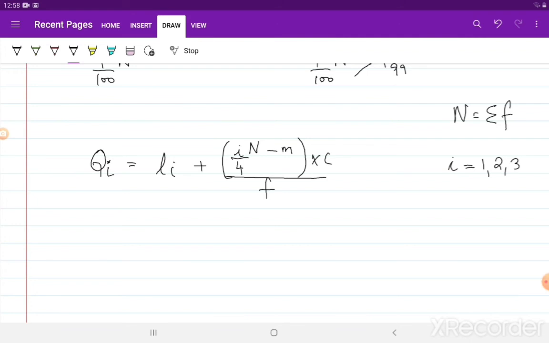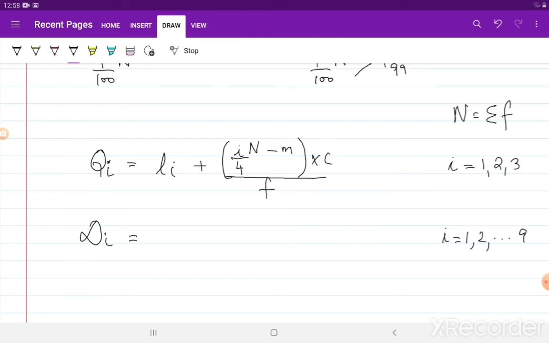So in similar notation, I can write the formula for each decile. Since there are 9 values, your I can go from 1, 2 and so on till 9. 9 values are required to partition the entire area under the distribution curve into 10 equal parts.